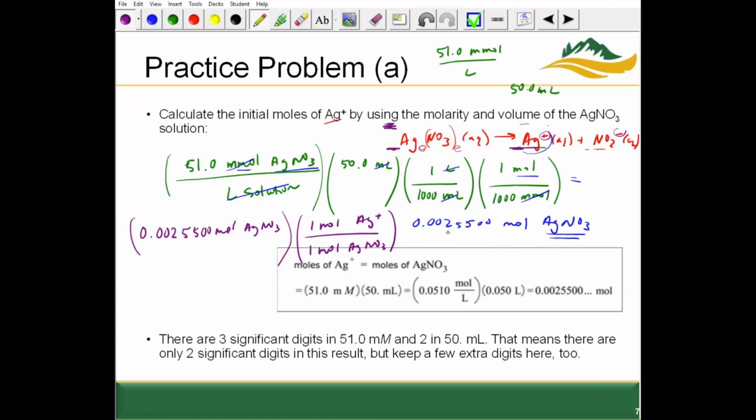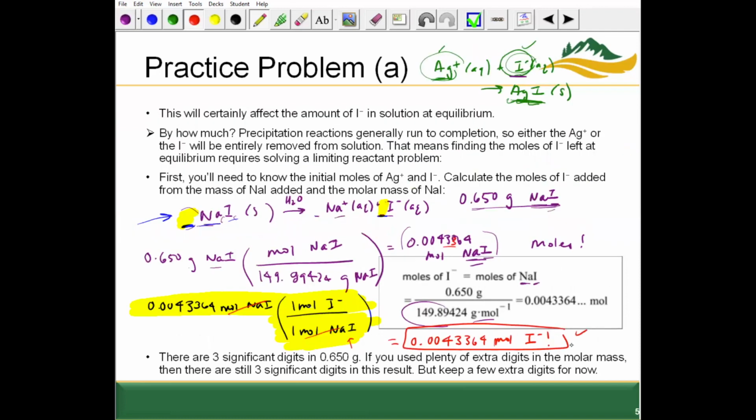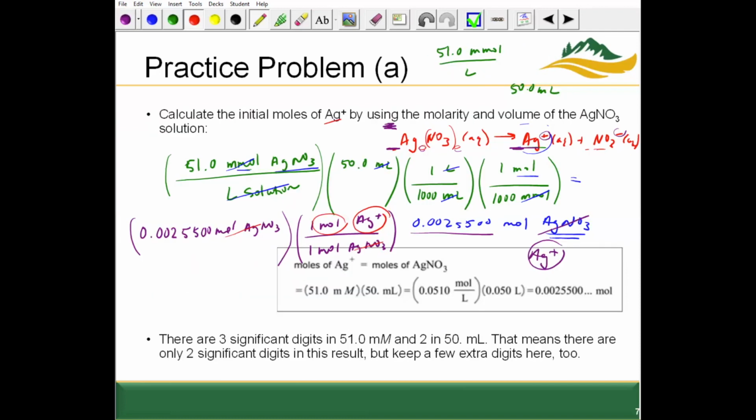So that means we can also say we have this many moles now also of our silver ions, right? Because if we do this cancellation, then we have just moles of silver plus left. So we're taking this value multiplying by 1. So now we have moles of I minus. We also just calculated the number of moles of Ag plus.